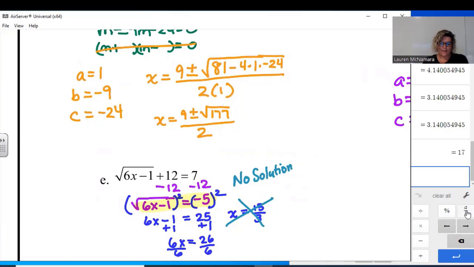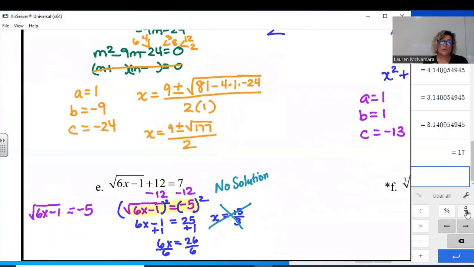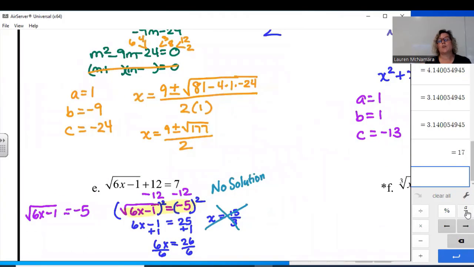Because I have the positive square root of 6x minus 1 equals negative 5. The sign in front here is a positive, and my sign over here is a negative. It's not going to work. No matter what you try, you go through all the steps, you seem like you have the correct solution, it's not going to work.